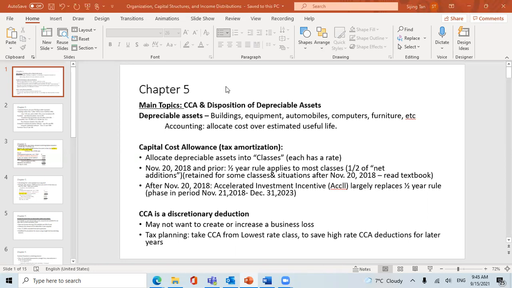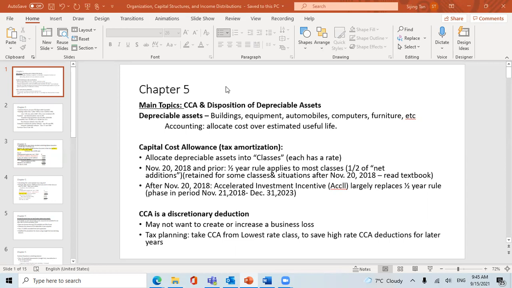That's what we have learned in the financial accounting courses. But for tax purposes, CCA, the capital cost allowance, is used. It is for the tax amortization purpose, and we amortize into different classes, and each class has a different rate.